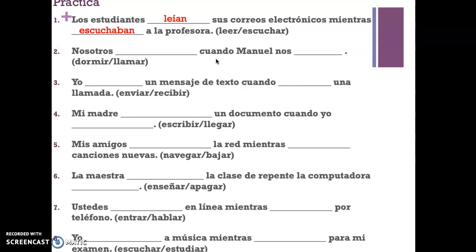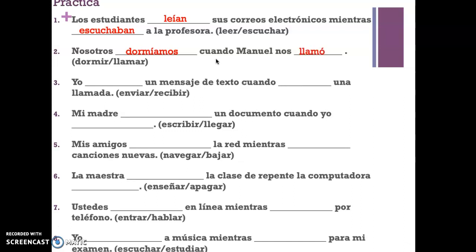You should have dormíamos here. We were sleeping when Manuel nos llamar. When Manuel called us. He called us once and clearly interrupted our sleep. So we're going to have a preterite tense conjugation because there's an interruption. Interrupting actions are singular preterite tense. So nos llamó. He called us.